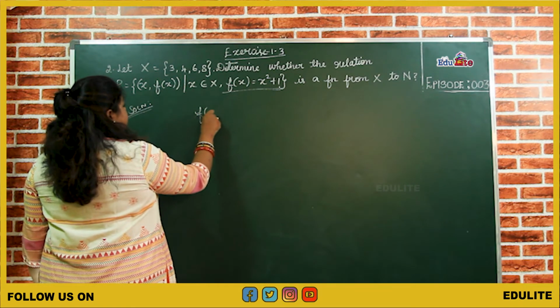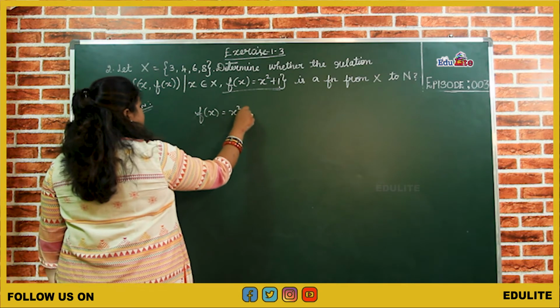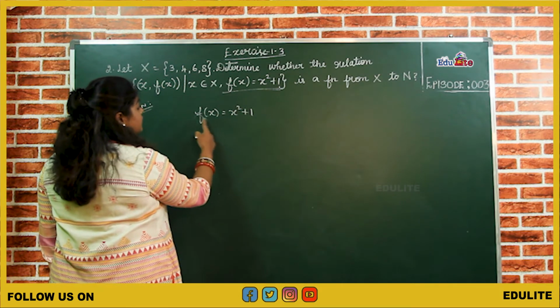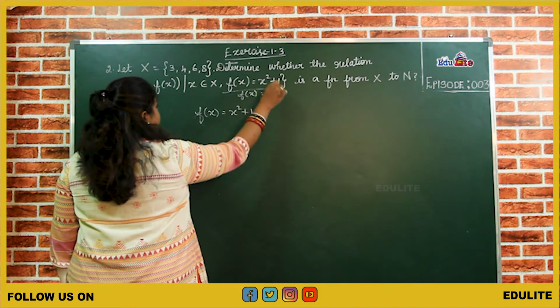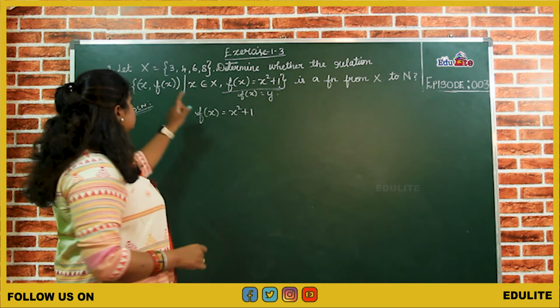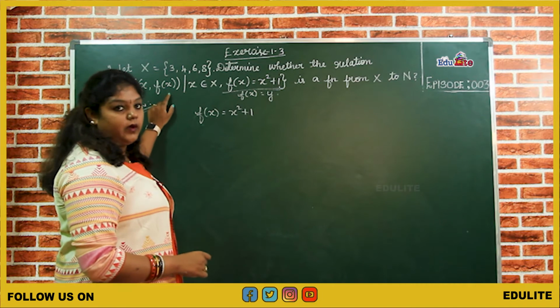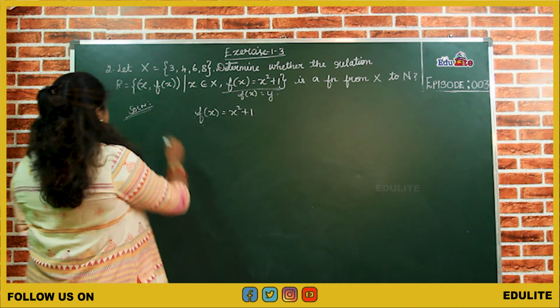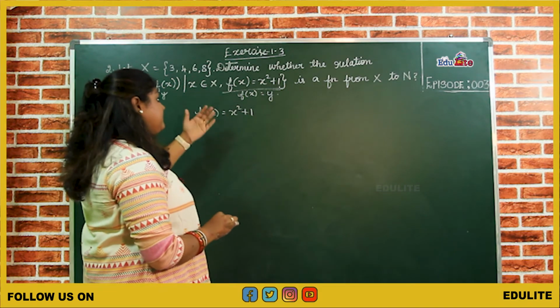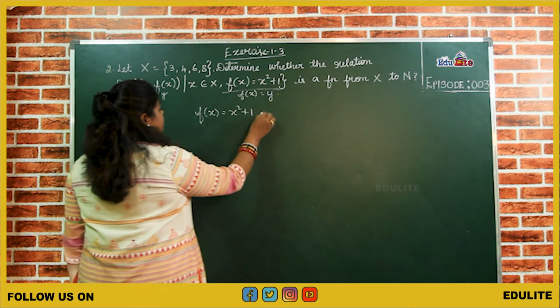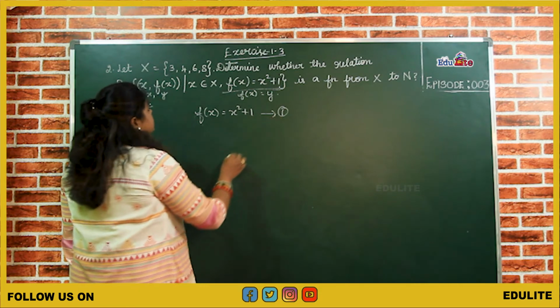f of x is given as x square plus 1. As I already told you, this function is represented in general as f of x equals y, which means f of x is nothing but y. This pair represents (x, y). Now we will vary the values of x in this given equation. We will consider this as equation 1.